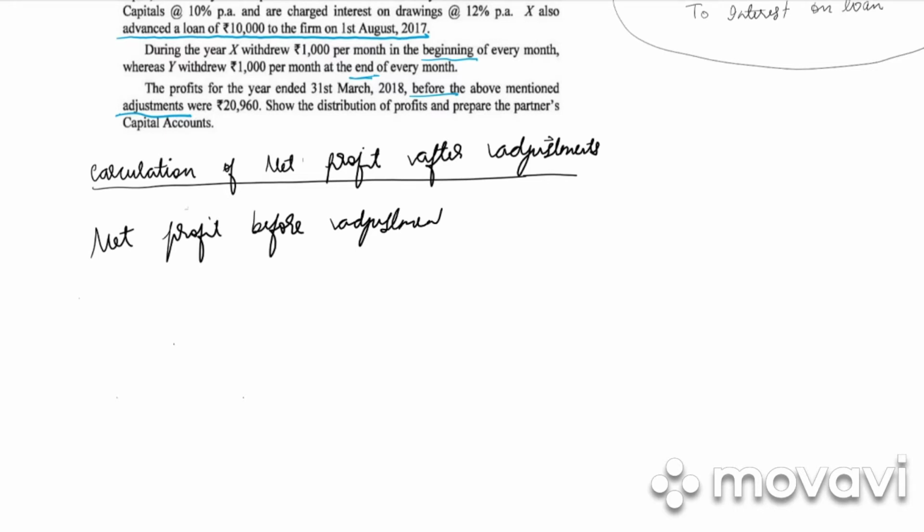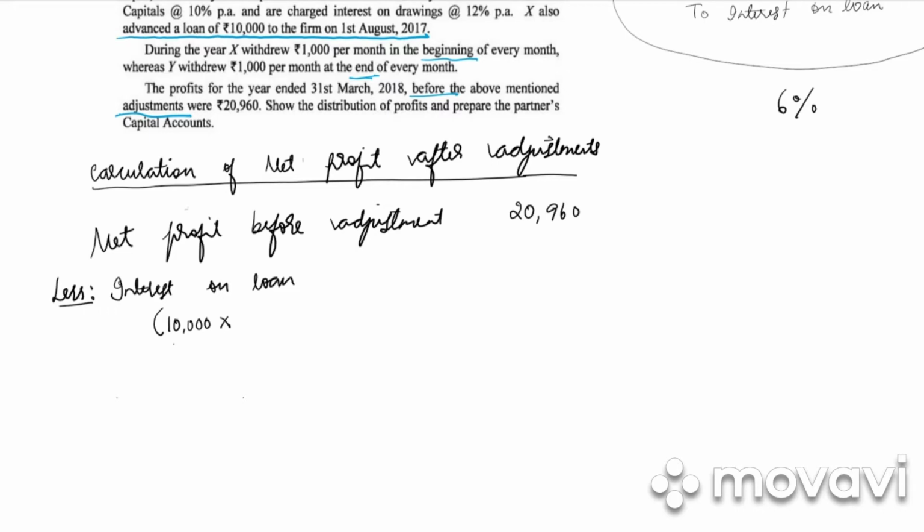How much is it? 20,960. Less: interest on loan. So how much is the loan the partner had given? 10,000. What is the rate? They have not given the rate, but when the partner has given a loan to the firm, it is at 6%.